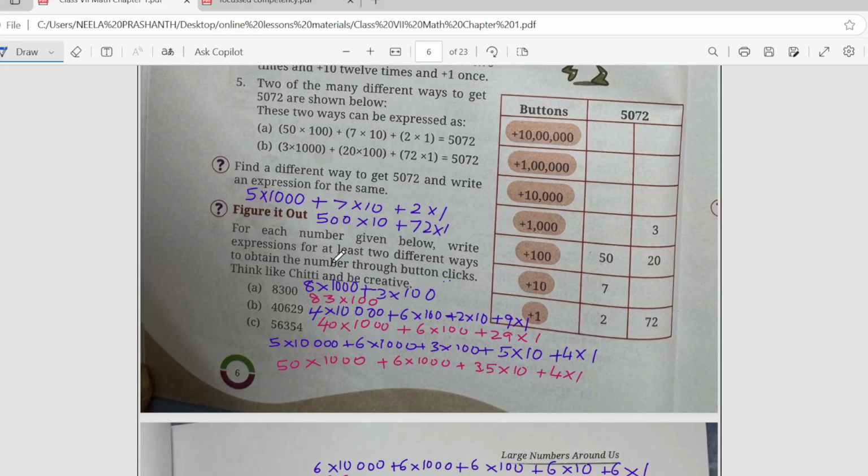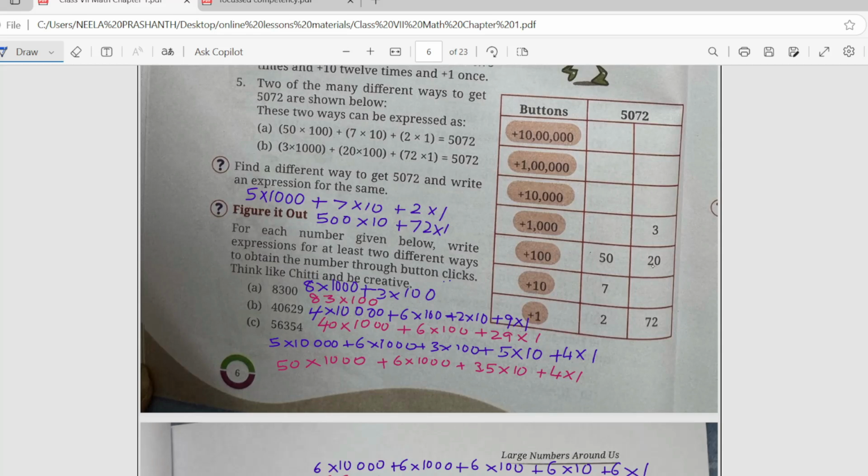So here in the diagram also it is shown. 5072, you can write it here: 50 into 100, 7 into 10, and 2 into 1. Or you could even write 3 into 1000, that is 3000, 20 into 100, that is 2000.